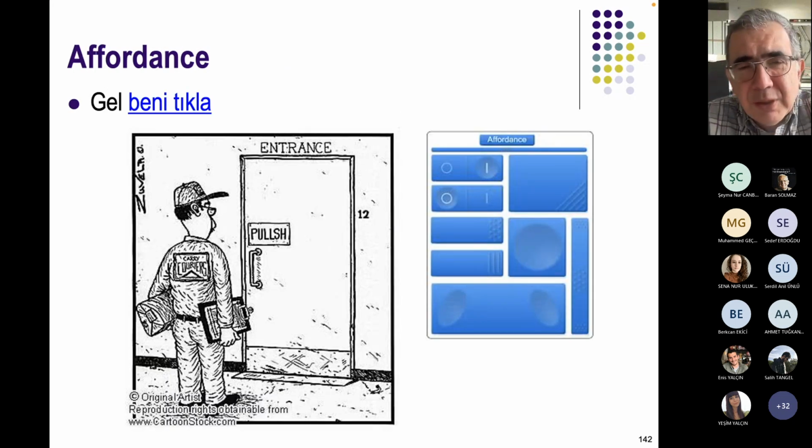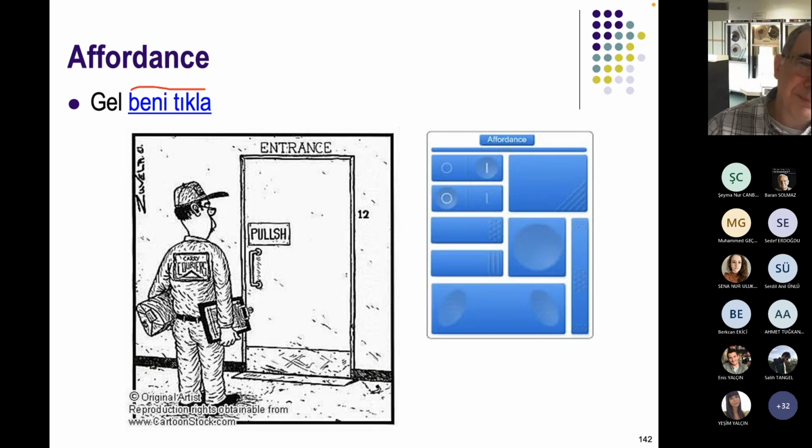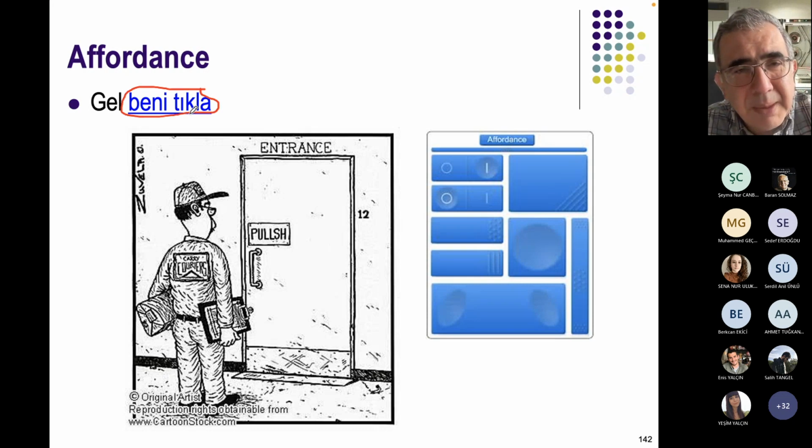We have two definitions now, mapping and affordance. Affordance is a term that is used to describe how an object explains itself, how a screen element explains itself, such as this one says, please click me because it is blue and it is underlined.